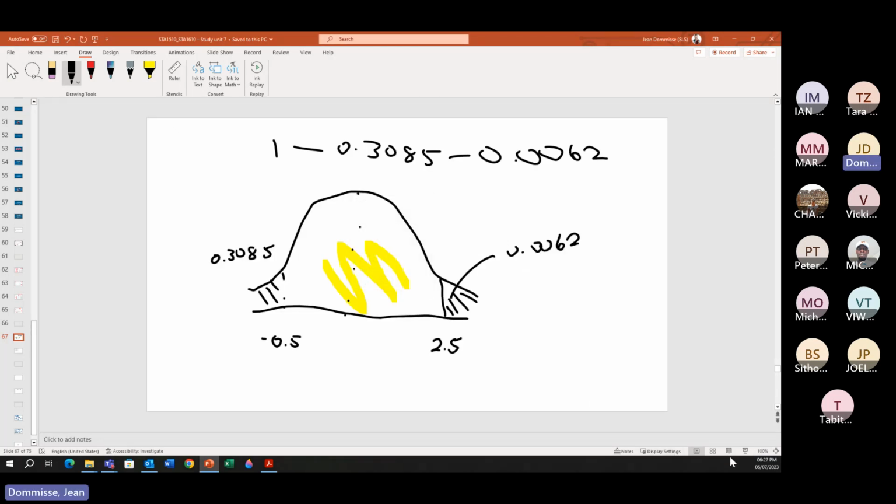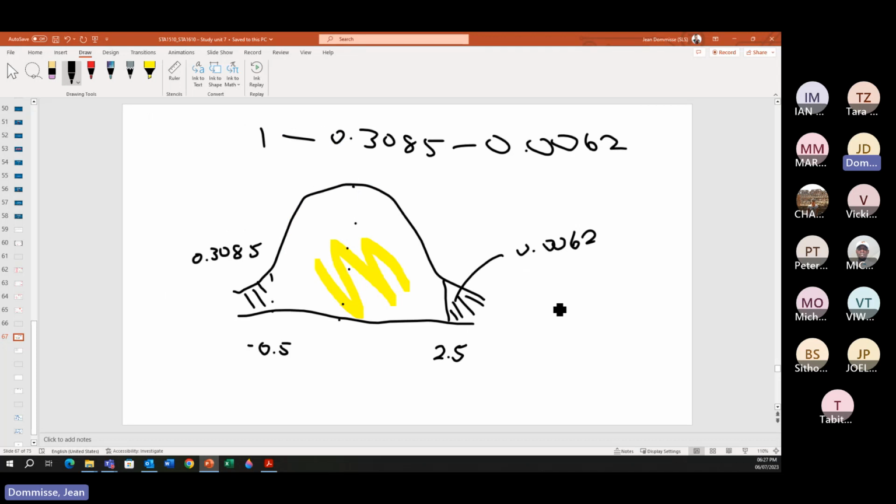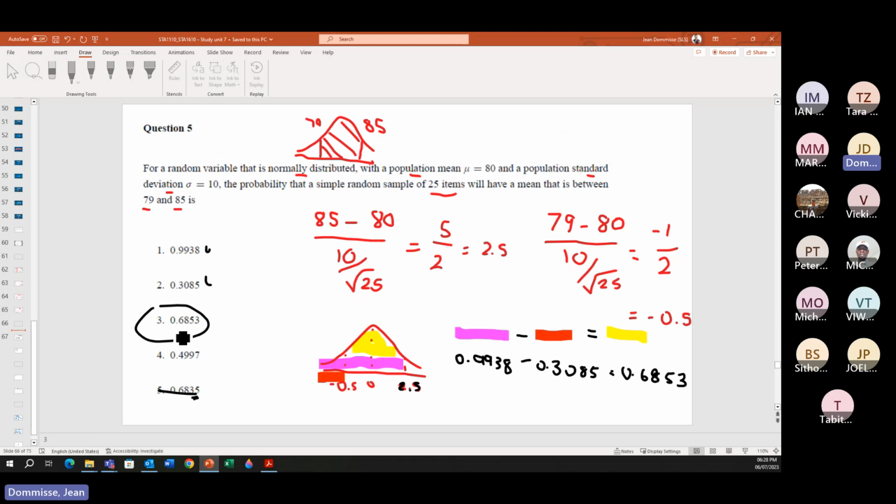I should have tested it before I've done this now, but let's quickly check. So if I said 1 minus 0.3085, that gives me 0.6915 minus 0.0062. So then I also get 0.6853.